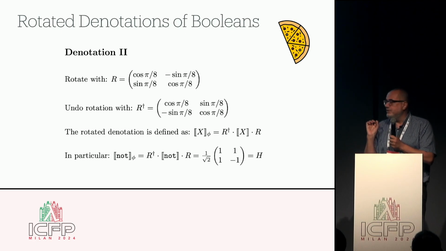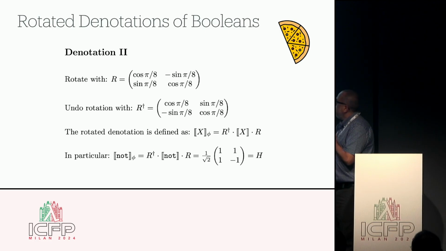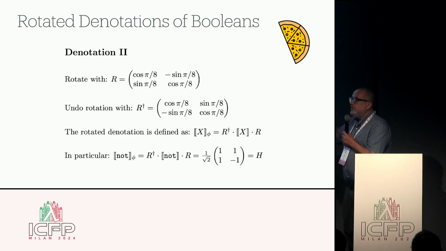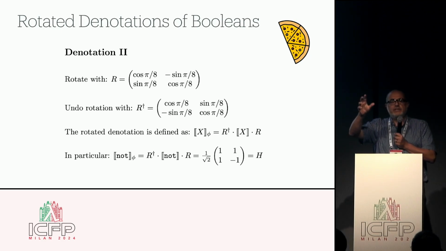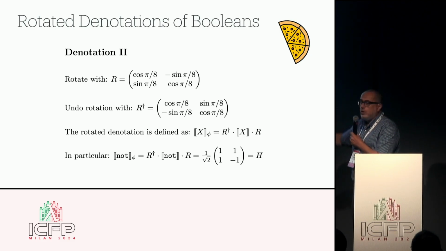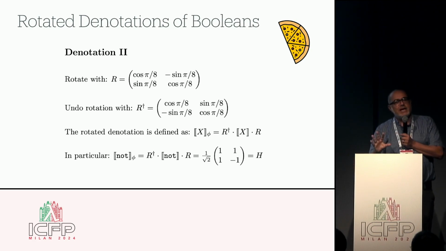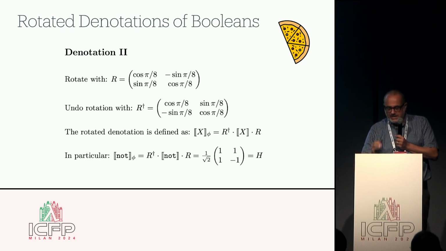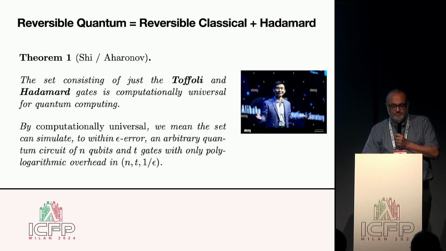to make a point that if you pick this rotation that has pi over 8 angles, then the not operation, which is the matrix 0, 1, 1, 0, becomes the matrix 1, 1, 1, minus 1. And that matrix is a very special matrix, and it's called the Hadamard matrix.